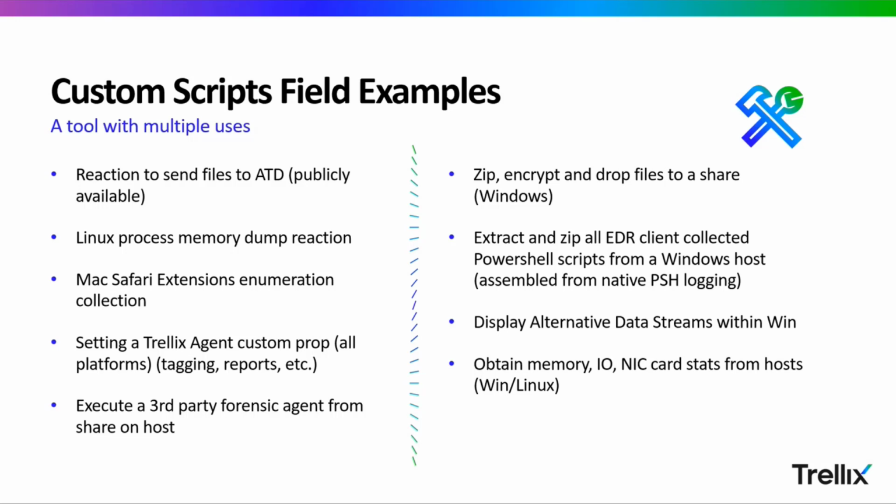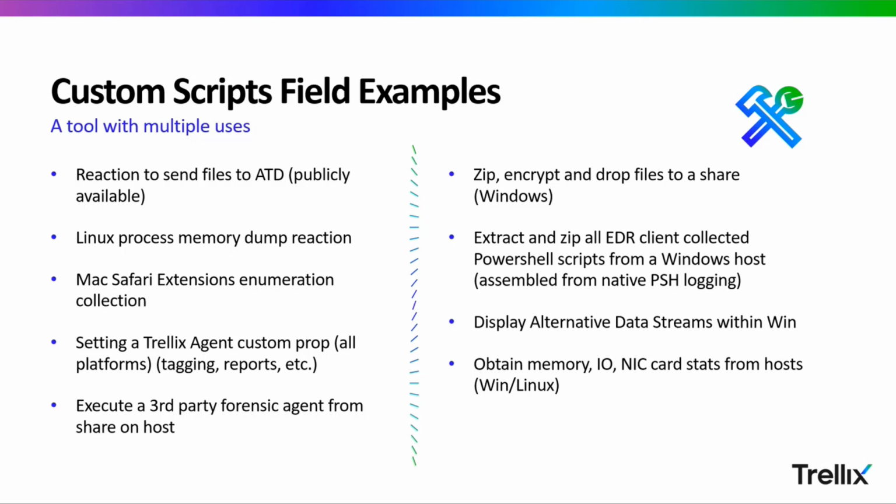Had an example of a customer who executed a third-party forensic agent from a share on a host. They wanted to do something that the EDR doesn't currently do or is more of a niche product, and we simply constructed a script that allowed them to do that. Another feature here was using the Trellix agent to deploy software and make changes to a system. In this case, we can set a custom prop using the EDR agent on that system.